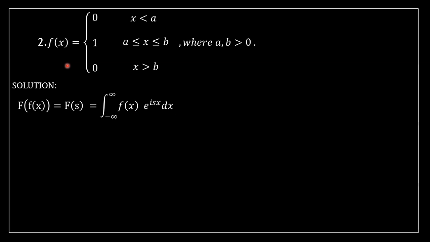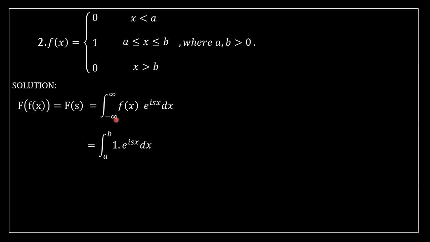Just observe the given function f of x, students. The function value is 0 for all those x less than a and greater than b, right? So in order to find the Fourier transform in the interval minus infinity to infinity, it is enough to find the Fourier transform in the interval a comma b, because outside this interval the function value is 0.